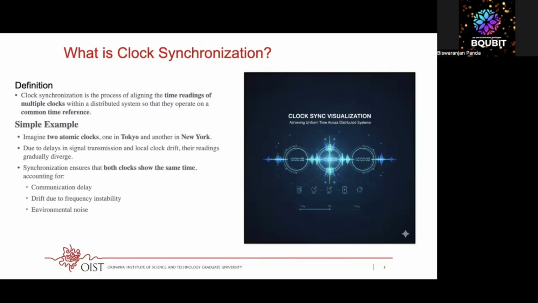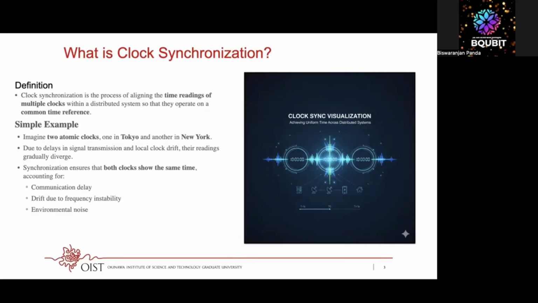Clock synchronization, by the precise definition you can see here, is this: for simplicity, let's take two clocks which are far apart, and you need to sync these two clocks so that they give the same reading, as precisely as possible, as the reference clock.